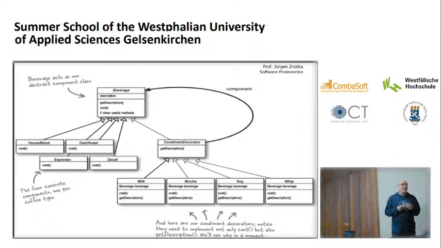So what is necessary if the milk changes price? Just modify this cost method. And from that moment you can use it everywhere. The house blend is increasing, prices are always going up, I don't know why. But if the house blend's price is going up, you have to change it here. So I always have a clear point where to change.